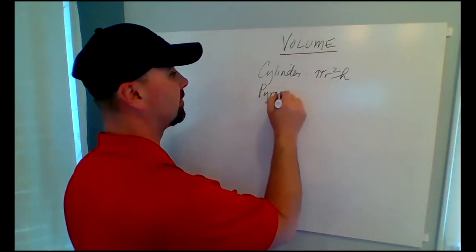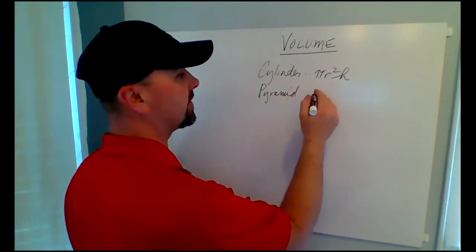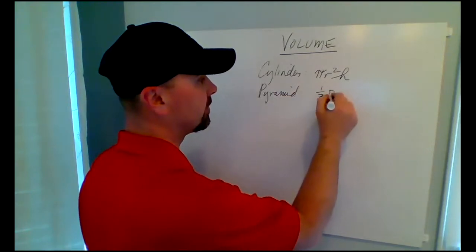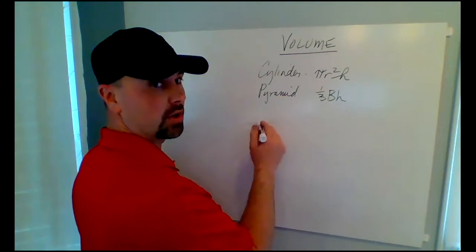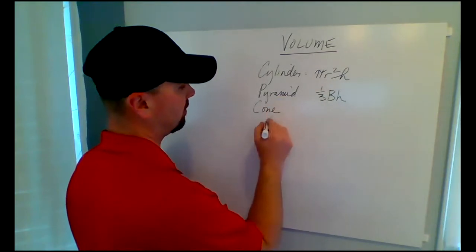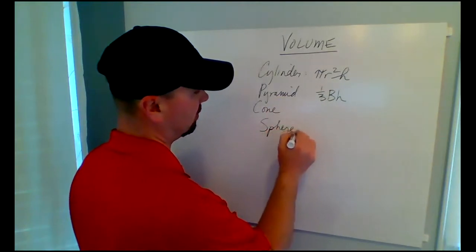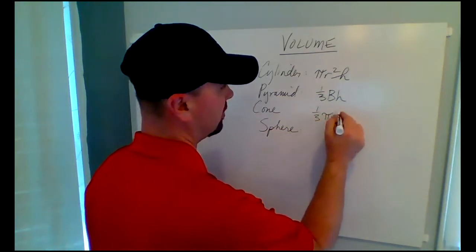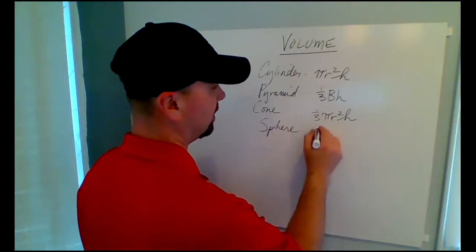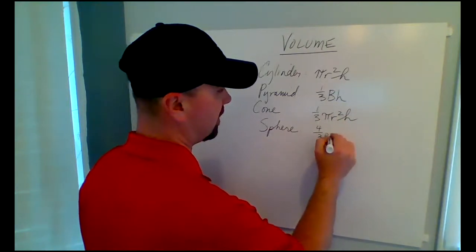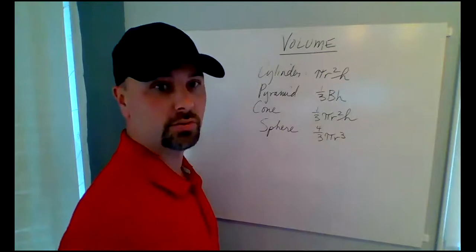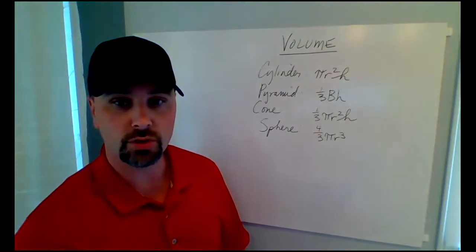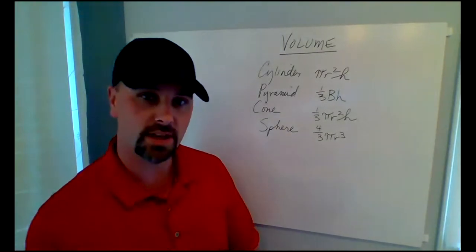Pyramid: I suggest you write these down as well. 1/3 big B H. Cone and sphere: 1/3 pi r squared times height, and 4/3 pi r to the third. Okay, so you should write those down, get used to seeing them.